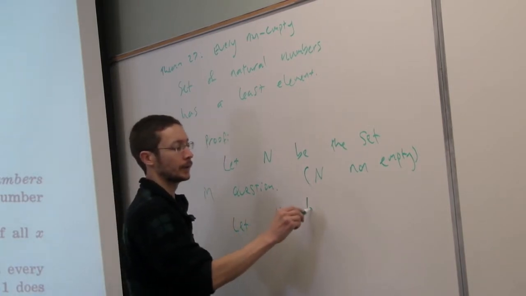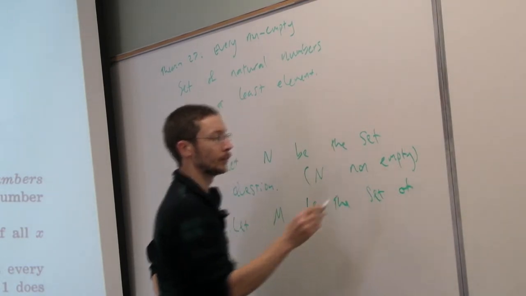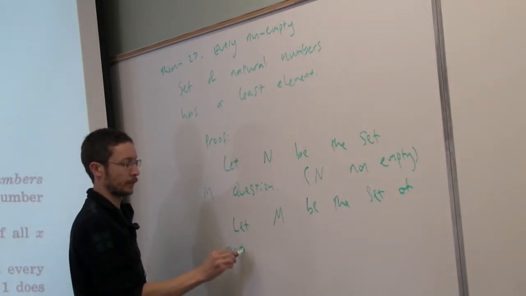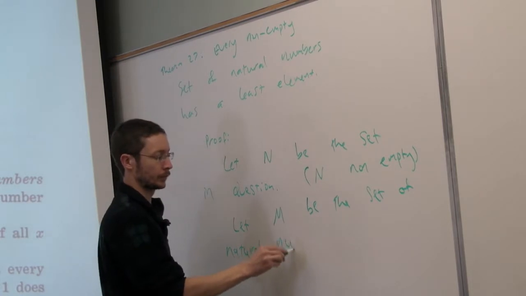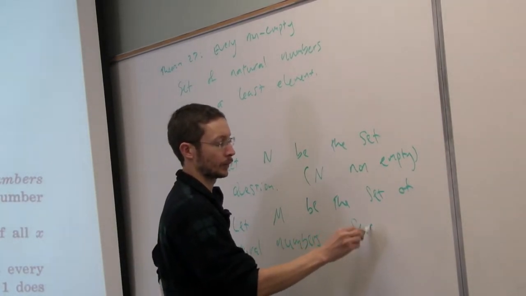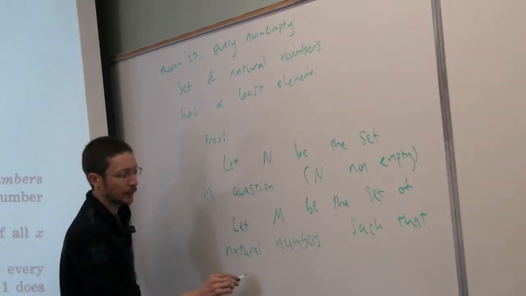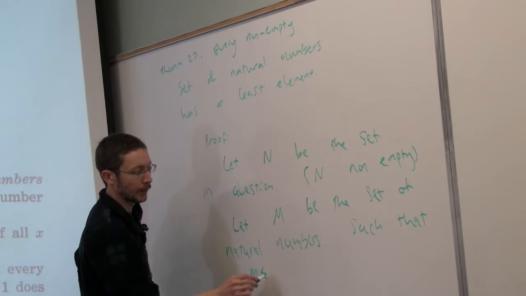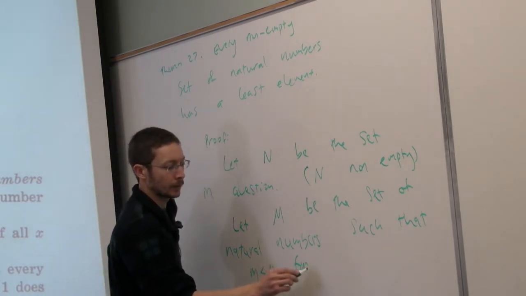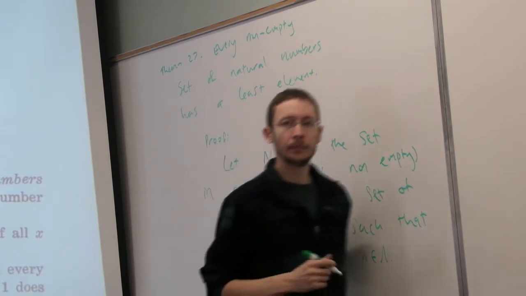So let M be the set of natural numbers such that M is less than or equal to n for all elements n of N.